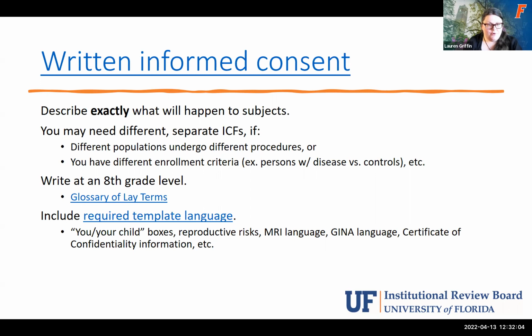You might be doing a more extensive intervention on one group than on the other. So it can be difficult to craft an informed consent that gets across the notion, this is what's going to happen if you are someone who has that condition versus if you're in the control group. So sometimes it's easier to actually have separate documents for these different populations.